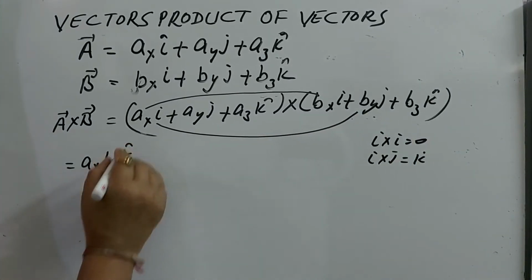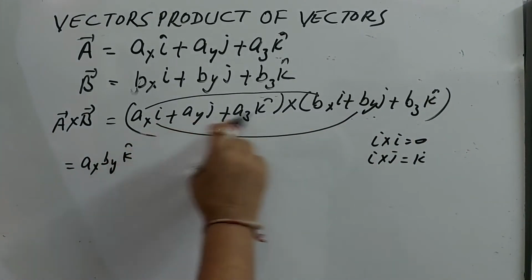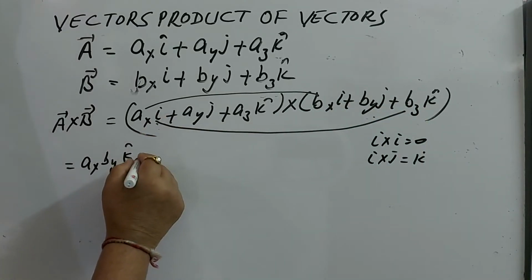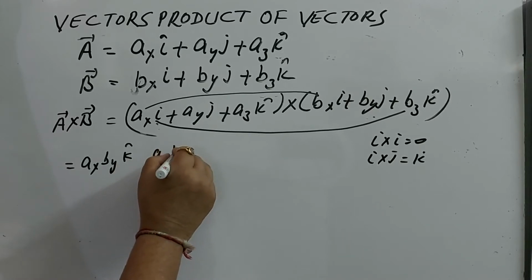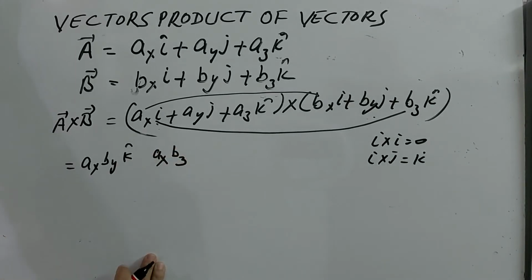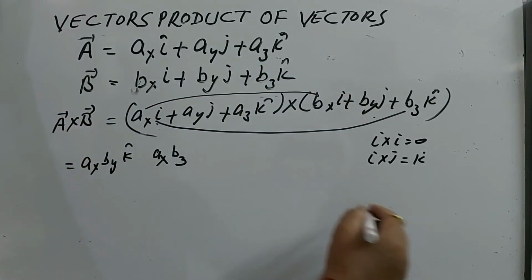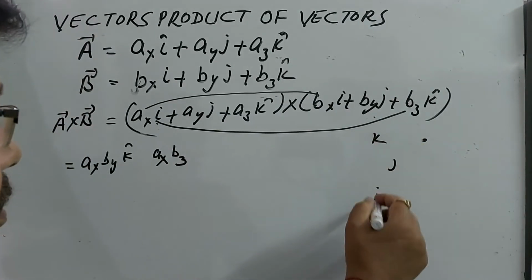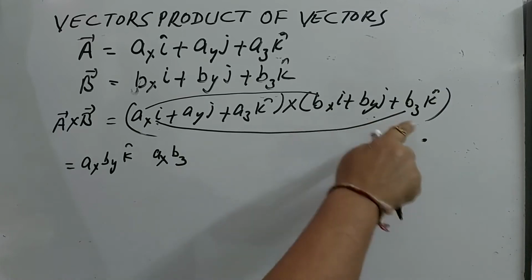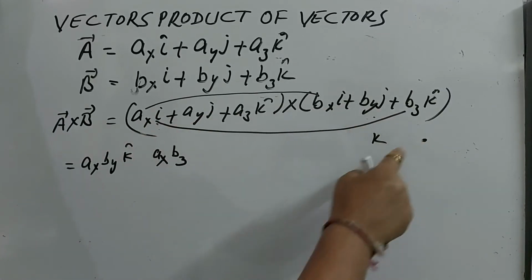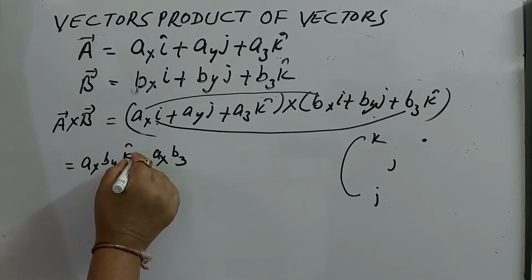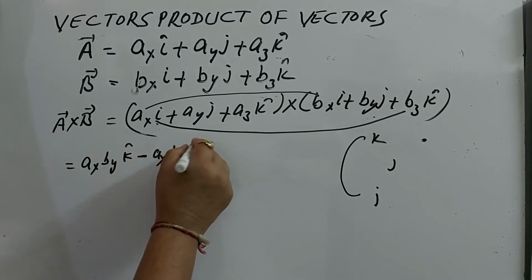So this is k cap. Now you multiply this with this, it will be equal to ax bz, and i cross k is minus j. Or simply, you are going clockwise, so this will be negative. So you put a negative sign here and this will be j there.